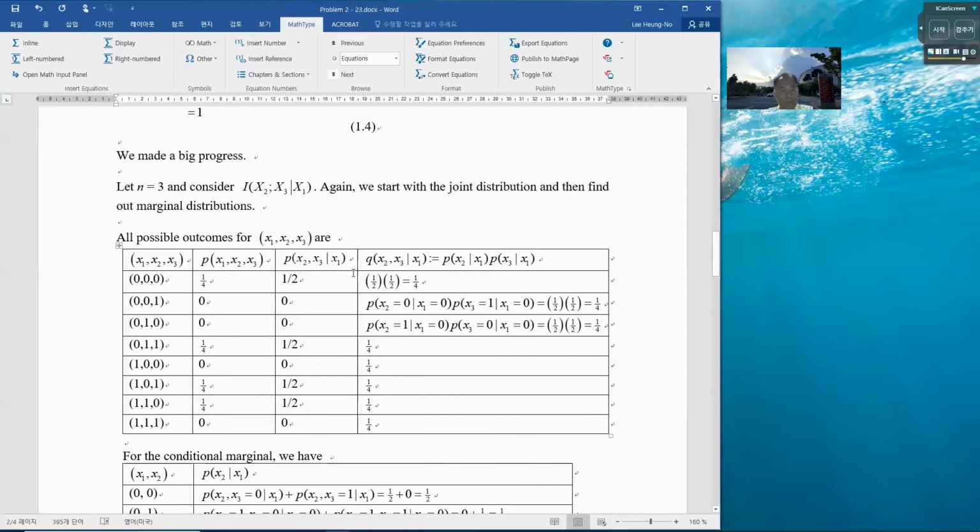So that is the conditional joint distribution, and then here is the conditional product distribution.